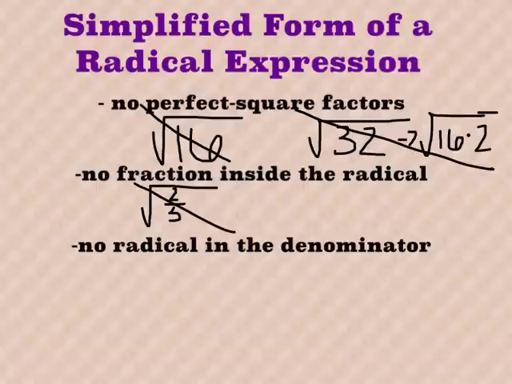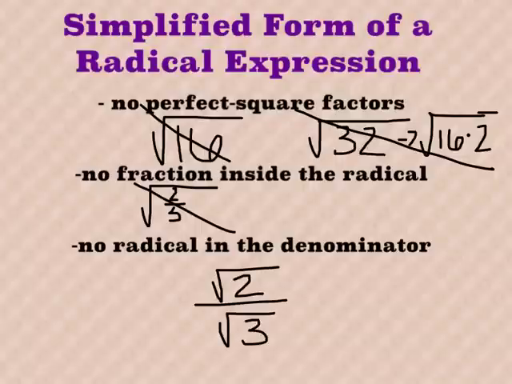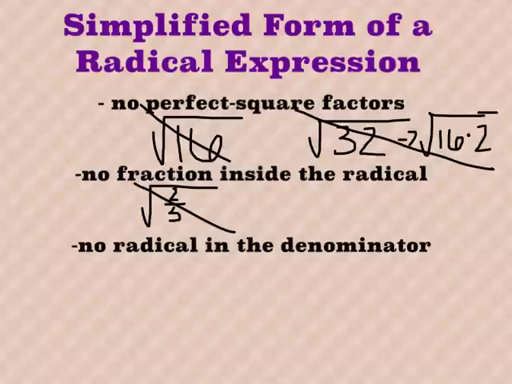That is not a simplified radical. And you also cannot have a radical in the denominator. Actually, let's do a different example. So that one wouldn't work. And also, even if the numerator didn't have one, you cannot have a radical in the denominator.